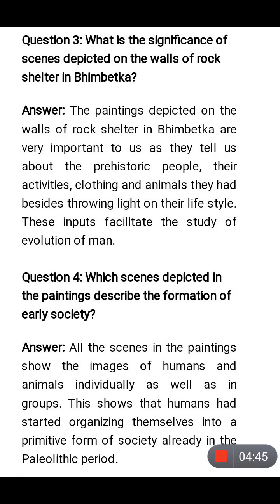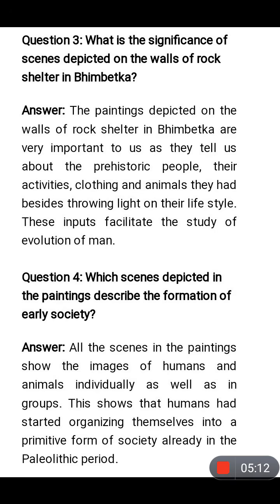Okay. Now we have the next question: which scenes depicted in the paintings describe the formation of early society? There were a lot of paintings painted on the rock shelters of Bhimbetka, and this question particularly asks what are those special scenes that say how early society was formed.